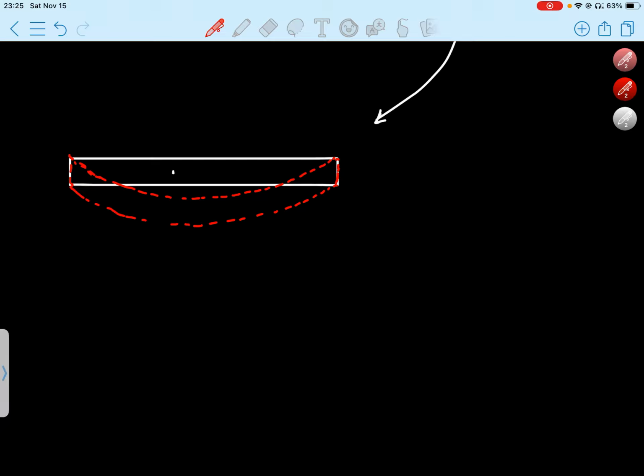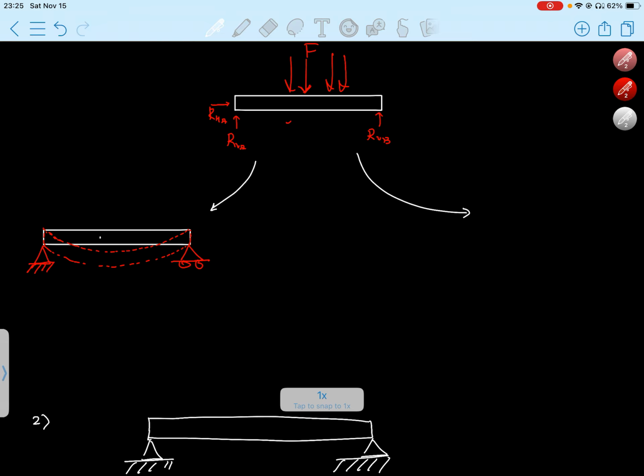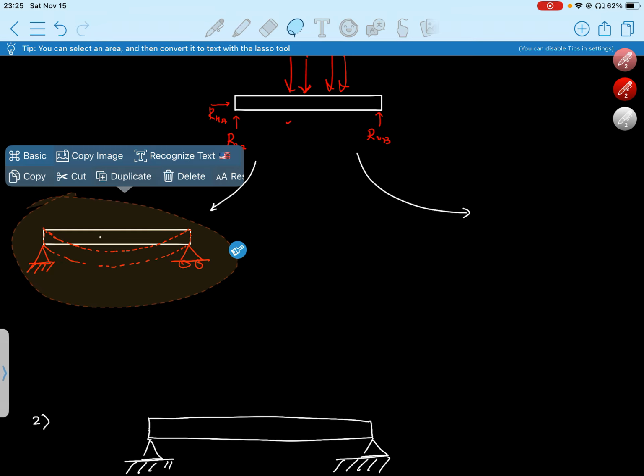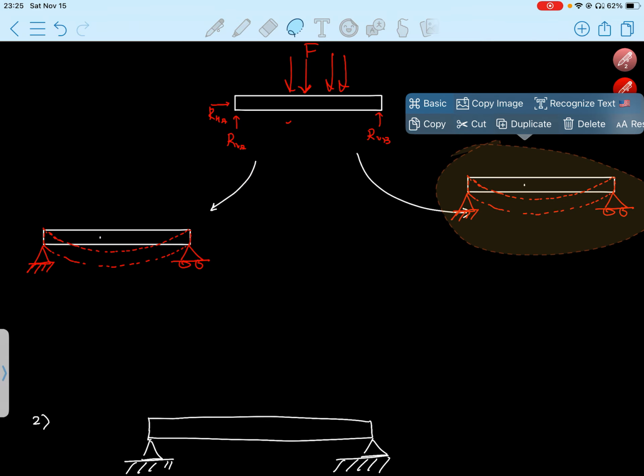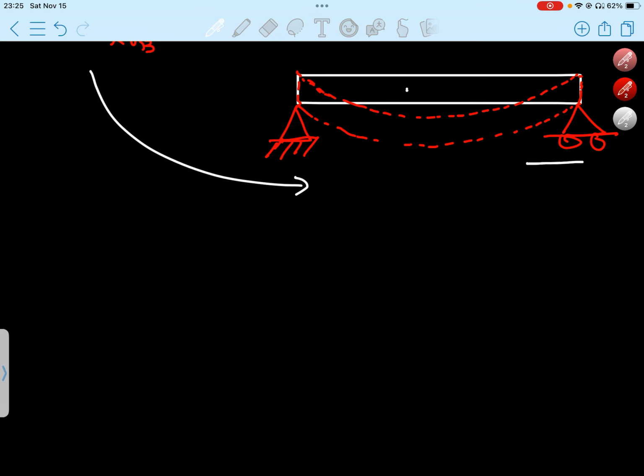So this rod has elongated. Either this rod will stay elongated, or the second possibility is this rod would elongate, but then this roller would run over here because of this elastic force and get the rod back to its original length.